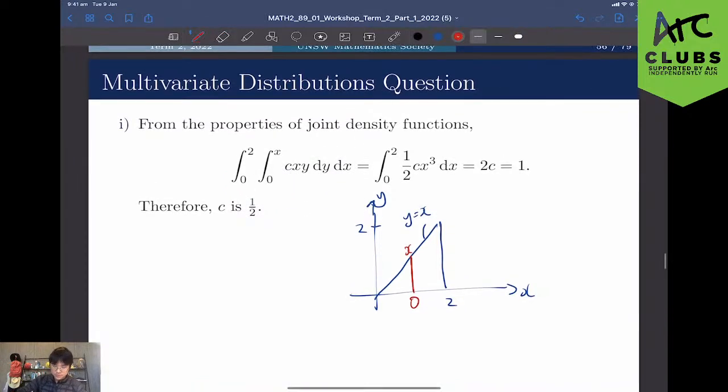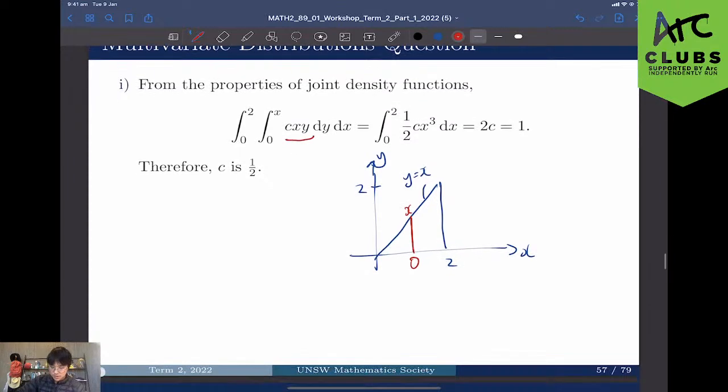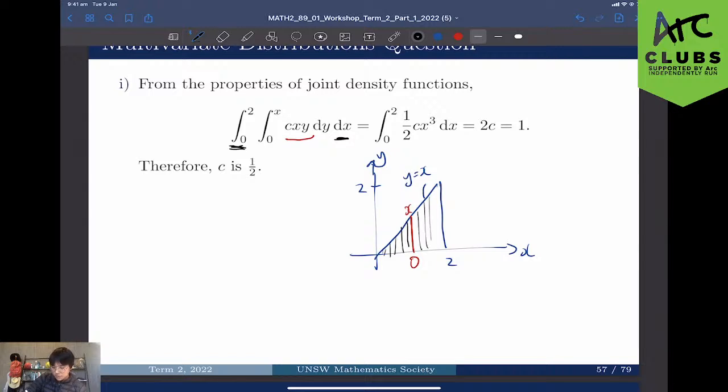Here we have the joint density function, and it's going to be integrated between x and 0. And we're going to have each of these slices added up for x between 0 and 2. So what this shows is that we're going to have all these slices and add them up between 0 and 2.